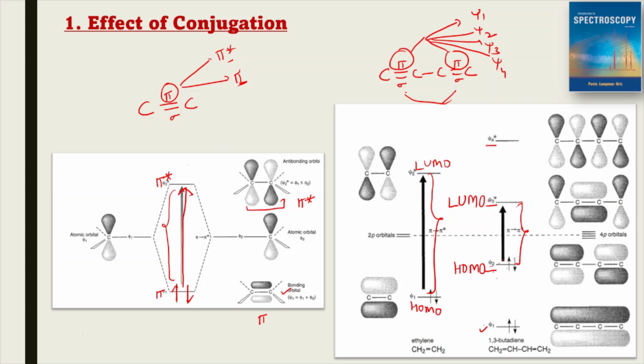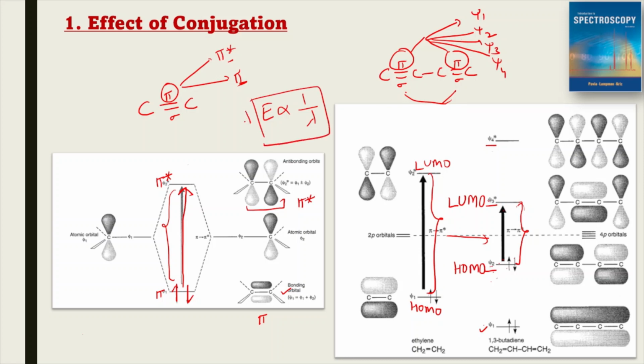Now we can clearly see that when the system had only one double bond, this much amount of energy was required from HOMO to LUMO, but when the system was conjugated, this much amount of energy was required for the transition from HOMO to LUMO. So we can clearly see the difference in the amount of energy required for the excitation. Energy is inversely proportional to the wavelength.